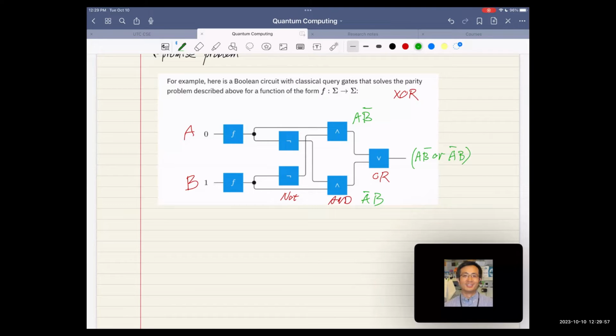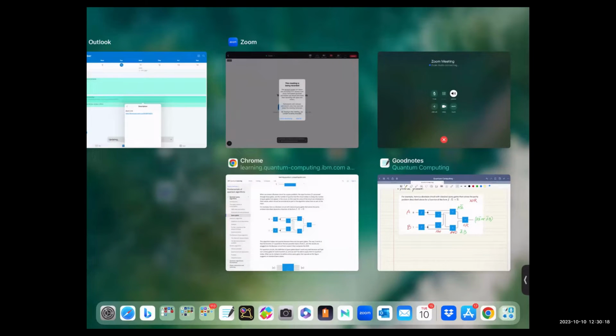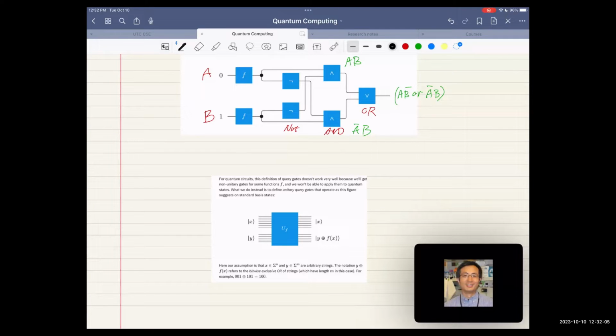Okay. So thank you, Hannah. This is the classical circuit for the XOR, but for the quantum, it will be different. Apparently the quantum computer is just given this.